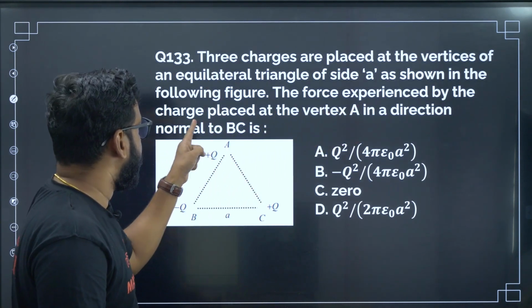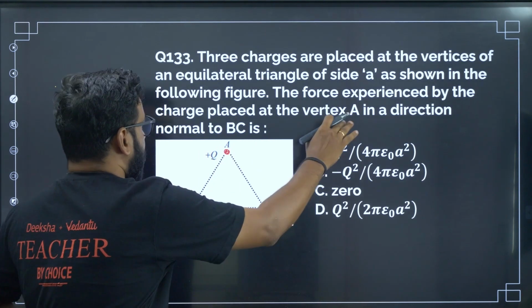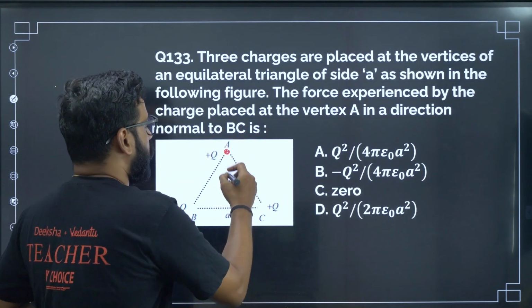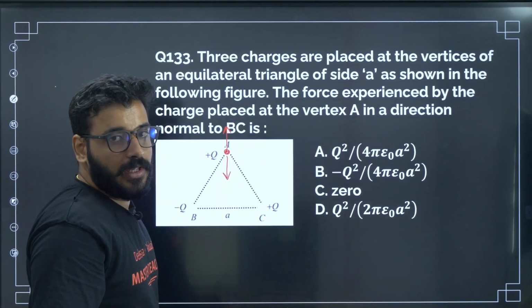Force experienced by the charge at vertex A in the direction normal to BC. So you are talking about a force in this direction or this direction, upward or downward. Okay, what happens?